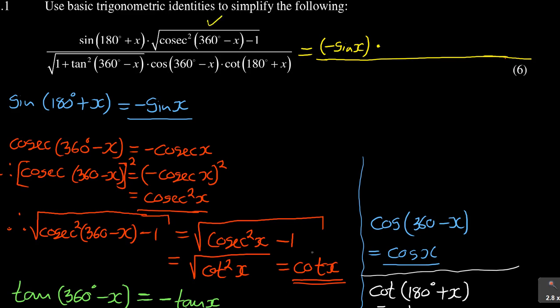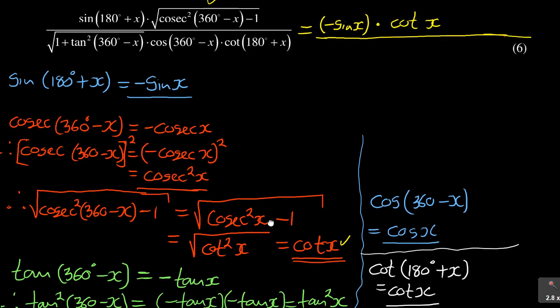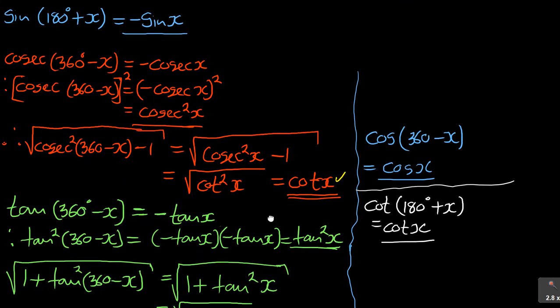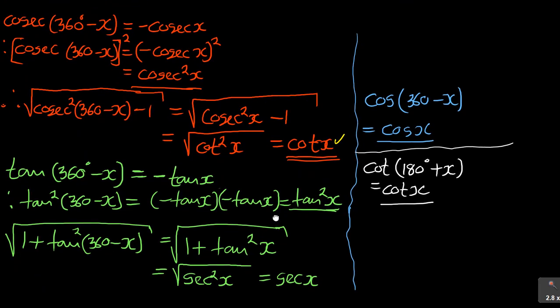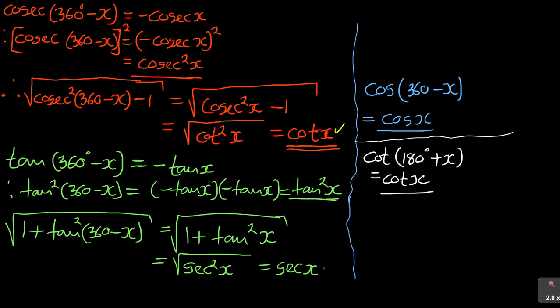So this part simplified into that part, which became cot x, and then over, and then the next one, the tan part, simplified to give us that part of sec x.